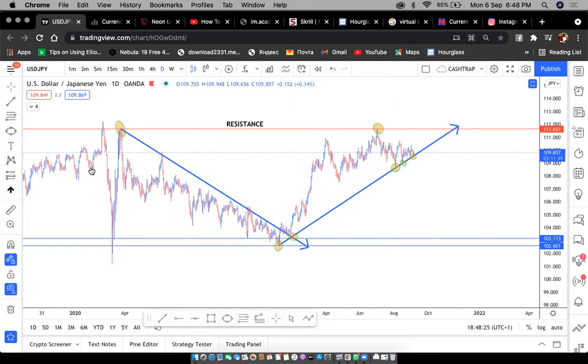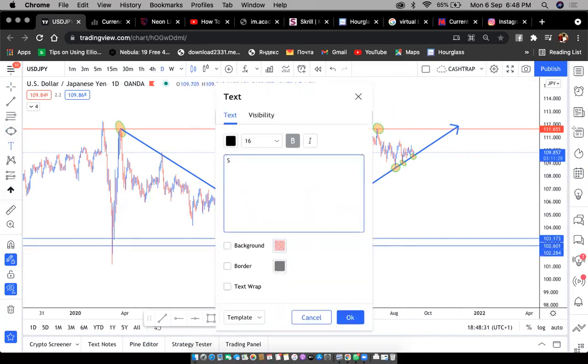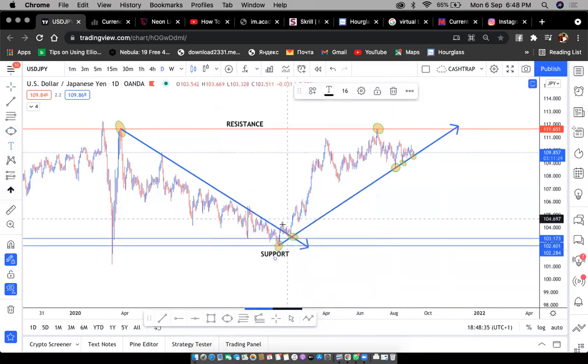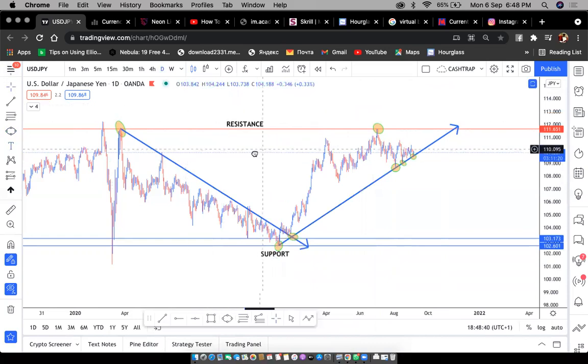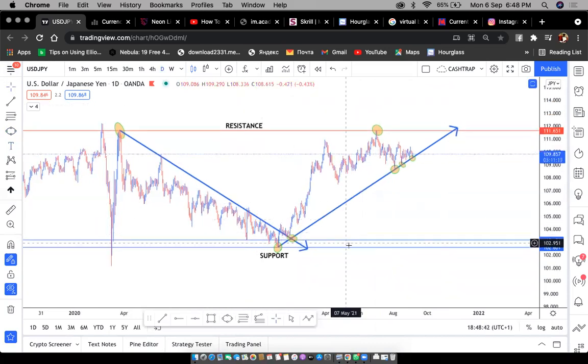Now, at this bottom, we have the support. So when price gets to the ceiling, what happens? It comes down. But when price comes to the support, what happens? It bounces up. Now, what is this? This is what we call the trend.